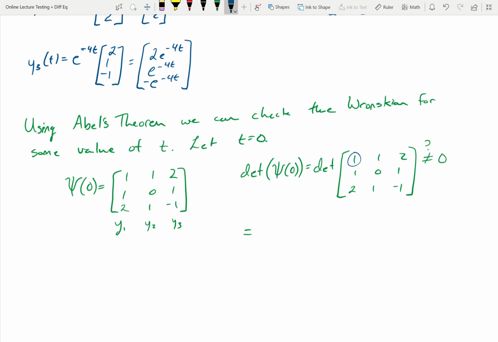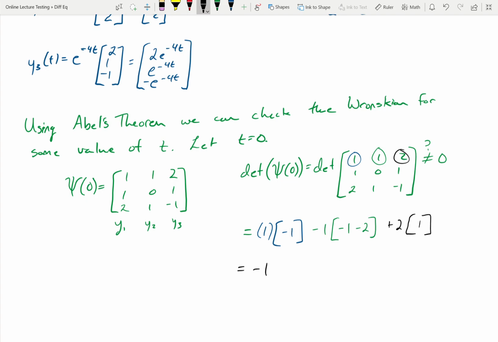So we have 1 times its minor. So that's going to be 0 minus 1, so negative 1. Minus 1 times its minor. So we're going to get negative 1 minus 2. Plus 2 times its minor.